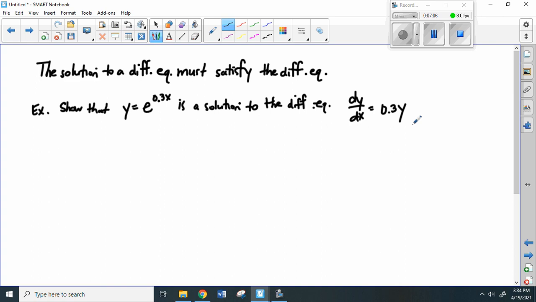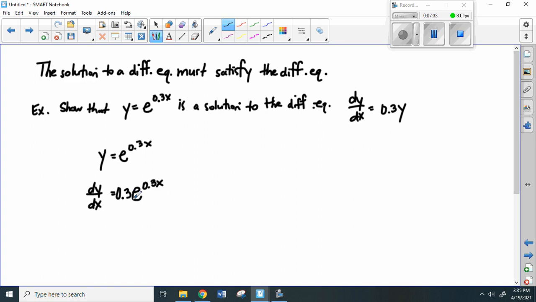So I need to show that this is a solution to that differential equation. Let's start with that. If I take the derivative of it, that means I'm turning it into a differential equation. I have to remember how to take the derivative of exponential functions and follow the chain rule.